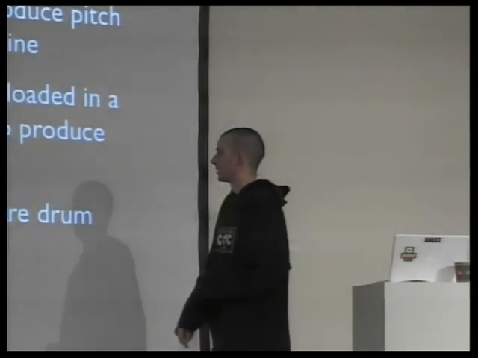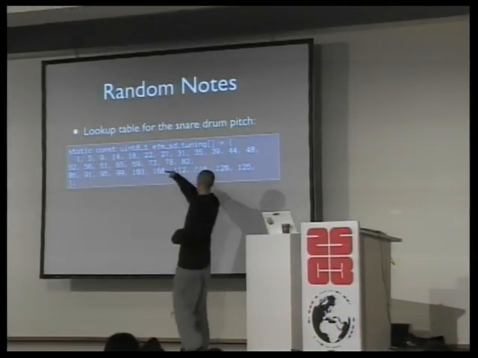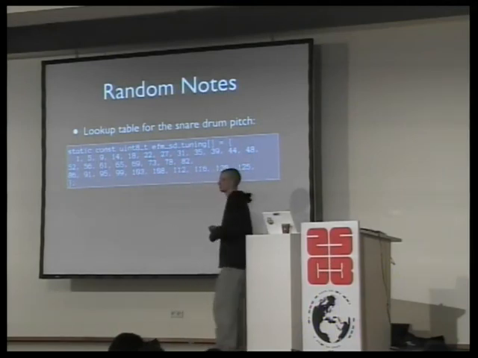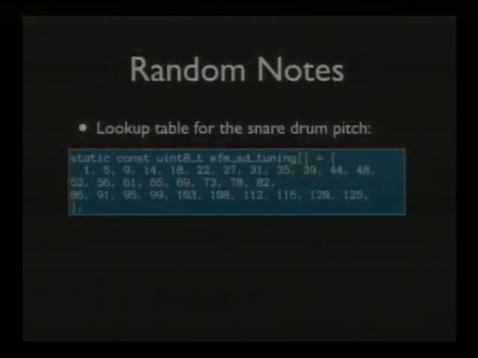Then I built a lookup table to produce the correct pitch for each kind of sound. So that's the lookup table for the snare drum. If you want to play a chromatic scale, it's just those values you have to input, and all the microcontroller is going to do is look up the correct pitch information for a note and send it over to the drum machine.